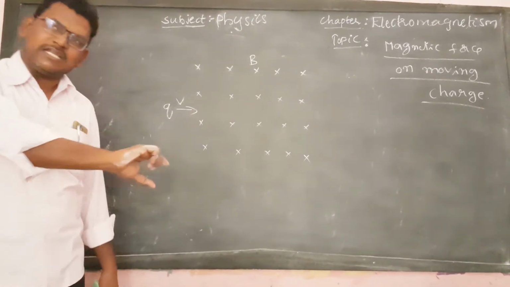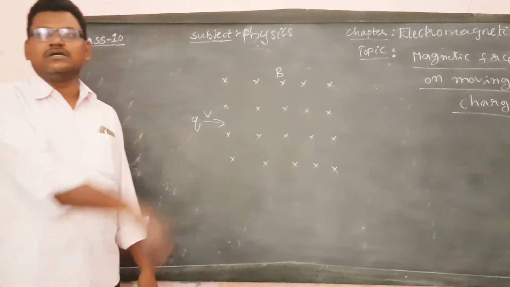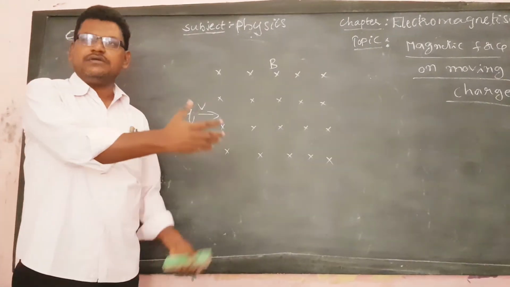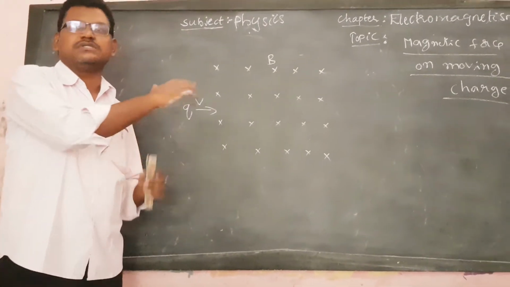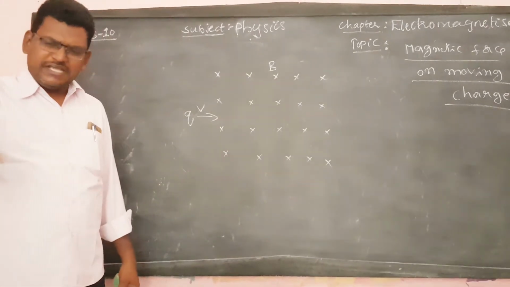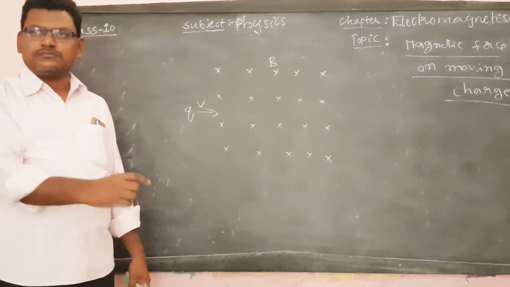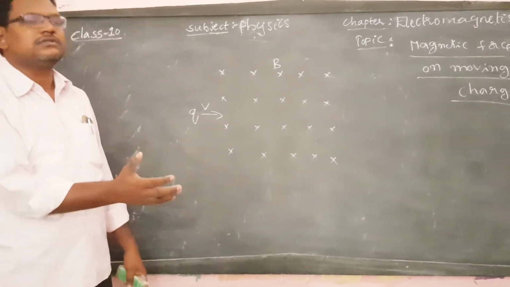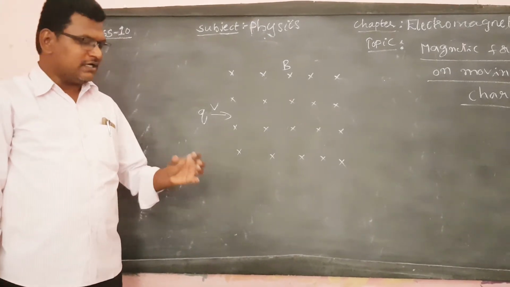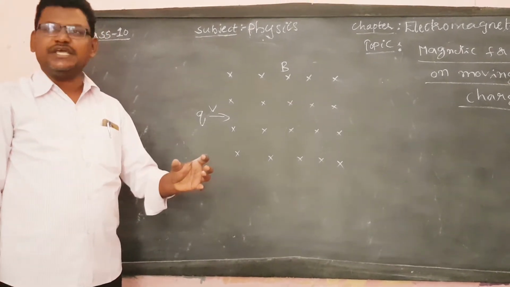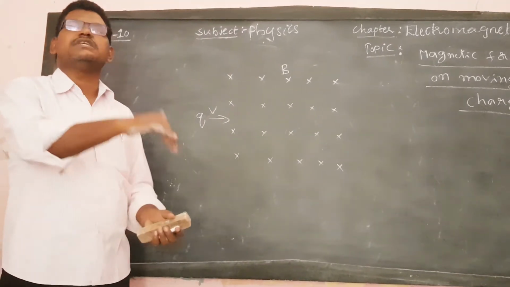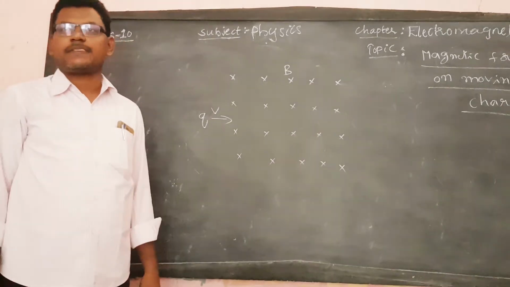As we move the bar magnet away from it, the screen comes back to its original position as usual. Why does the screen distort when we take a bar magnet near it? Because the electrons reaching the screen experience a magnetic force by this bar magnet.